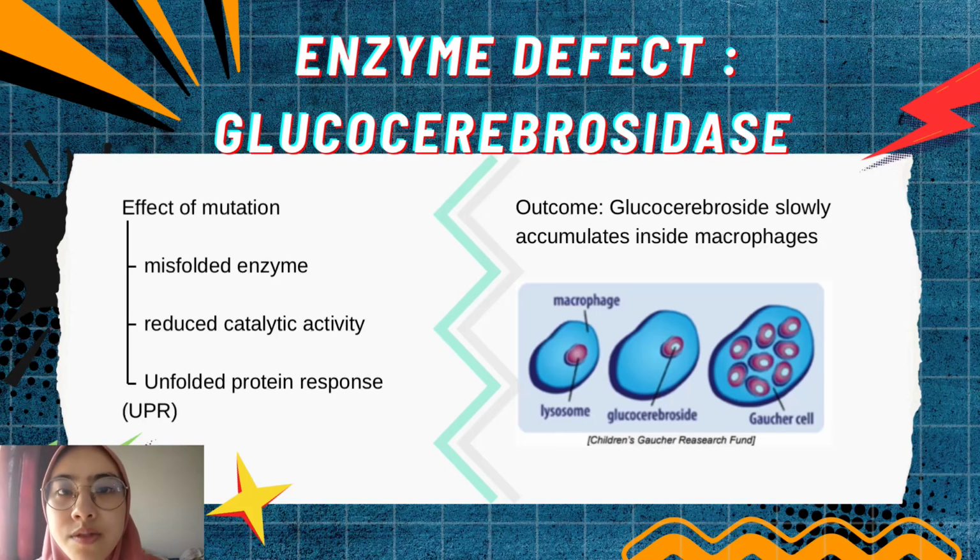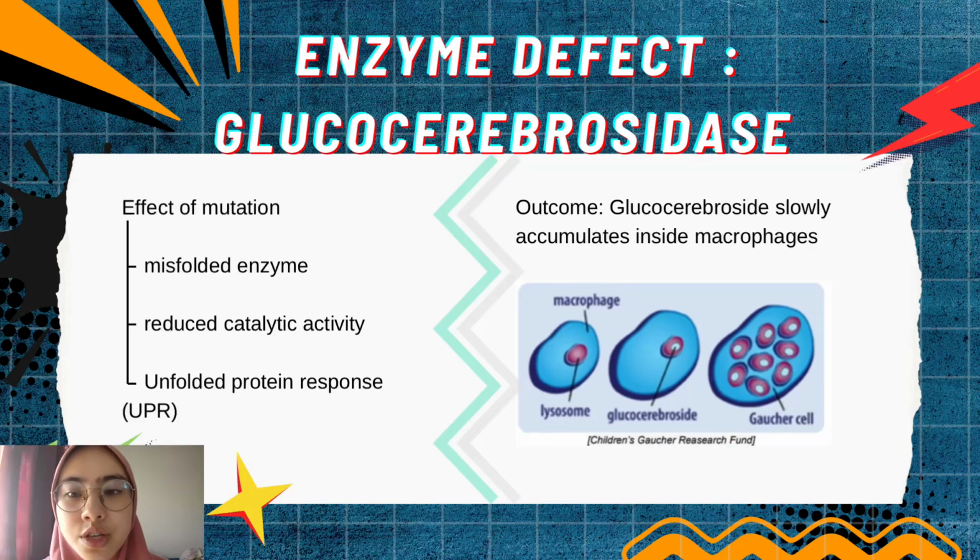Okay, so now we know that GBA gene mutation will eventually lead to glucocerebrosidase enzyme defects. One of the effects of the mutation is forming misfolded enzymes. As we all know, misfolded proteins are unstable and more prone to degradation by the proteasomes. Therefore, this will prevent the glucose cerebroside breakdown into glucose and ceramide. Next is the reduced catalytic efficiency.